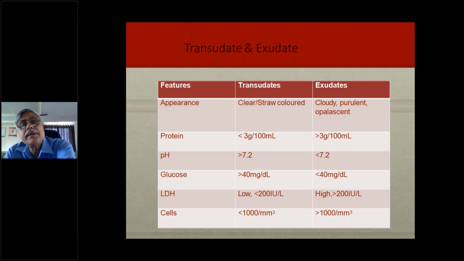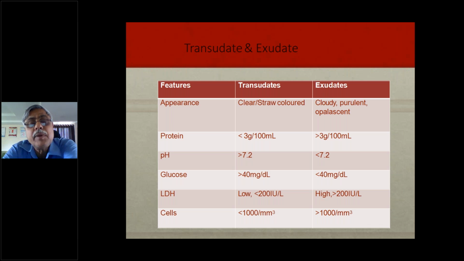If the pleural fluid is a transudate, the protein we measure will be less than 3 grams per 100 ml, or per deciliter. In case of exudate, which may be cloudy or purulent, it will be more than 3 grams.